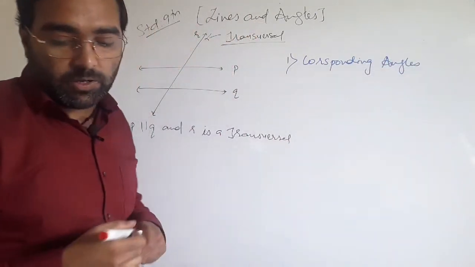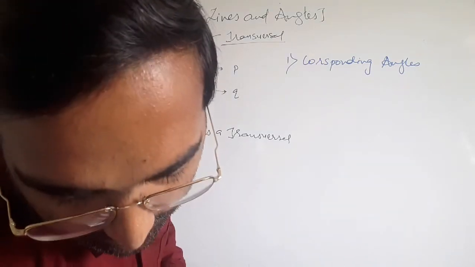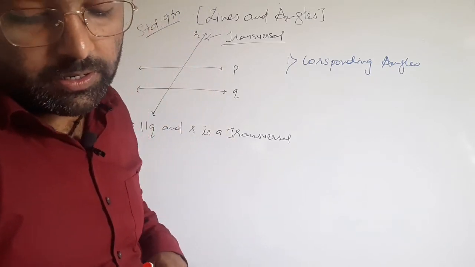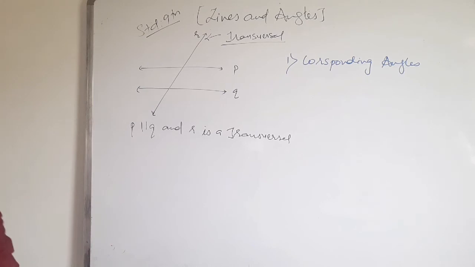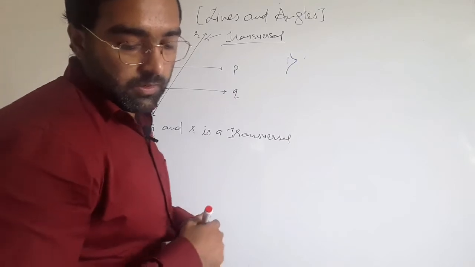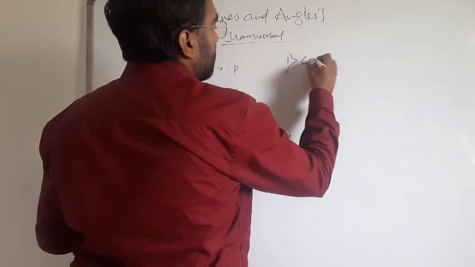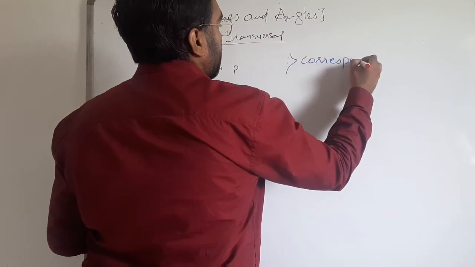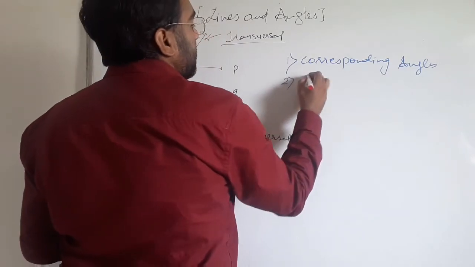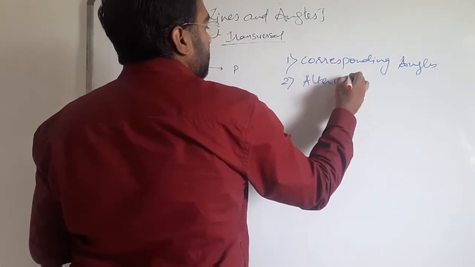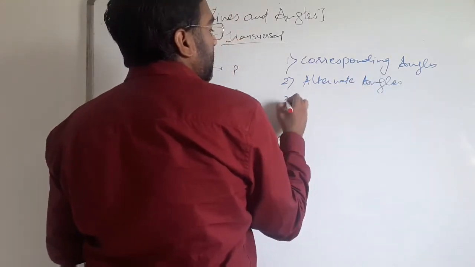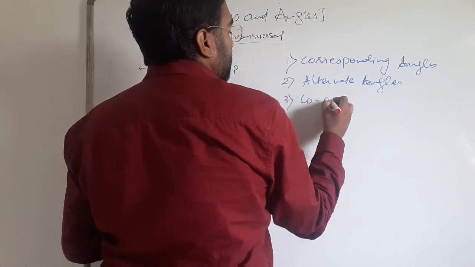one of them is corresponding angles, second is alternate angles, and the third one is co-interior angles. For corresponding, we have to write corresponding angles. Second one is alternate angles, and the third one is co-interior angles.